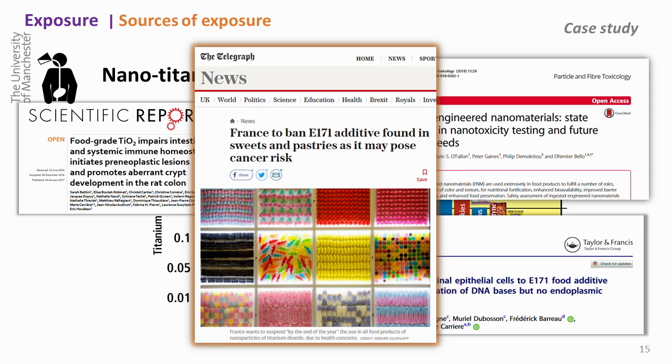So it's definitely worth looking at the safety related to all these nanomaterials, and possibly putting policy in place or changing regulation so that we can mitigate it.